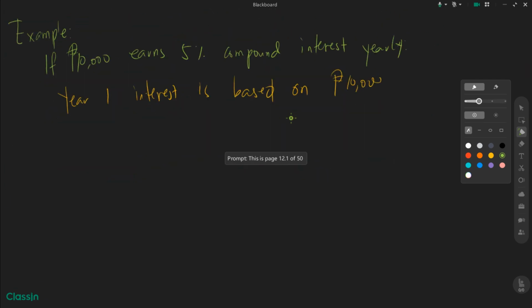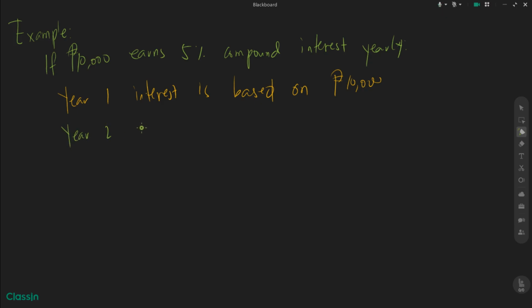So in the first year, you will have 500 pesos as your interest.